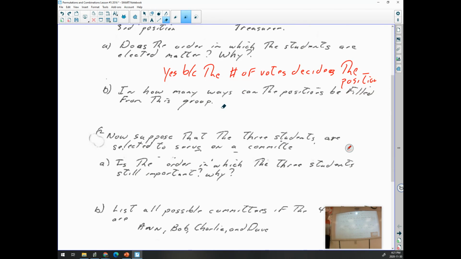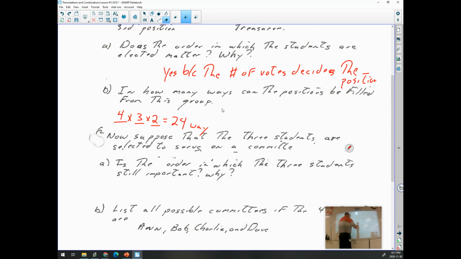We talked about the different ways. There's 4 people to put in the first position. Now, after we put the first position, now we have 3, and finally we have 2. So we have 24 different ways to do that.